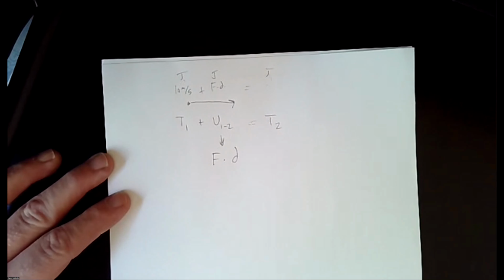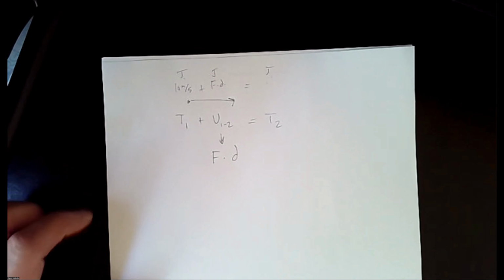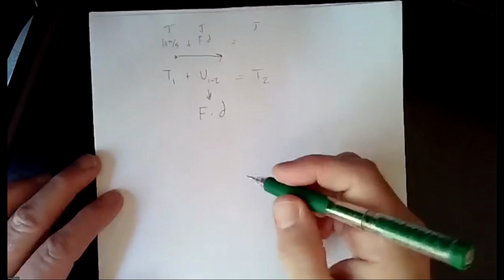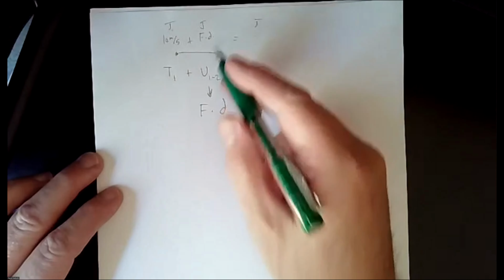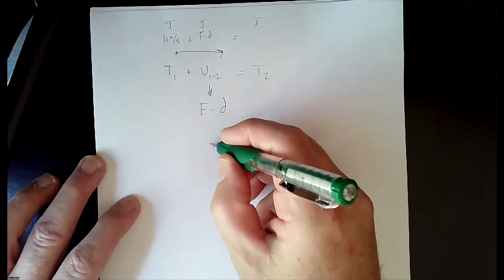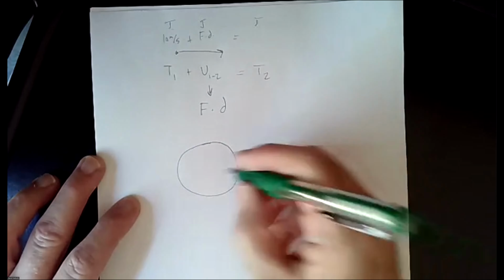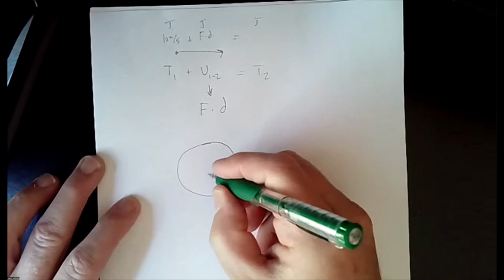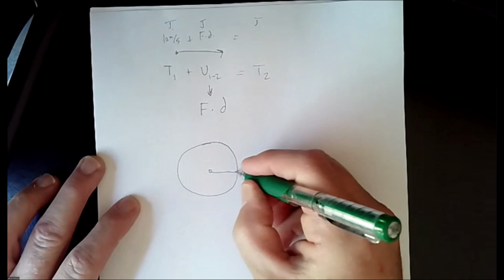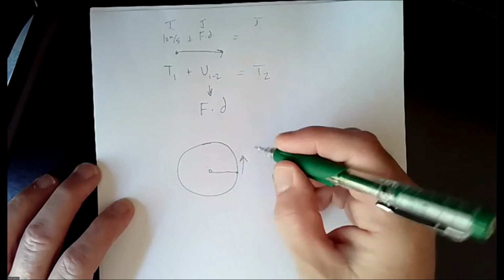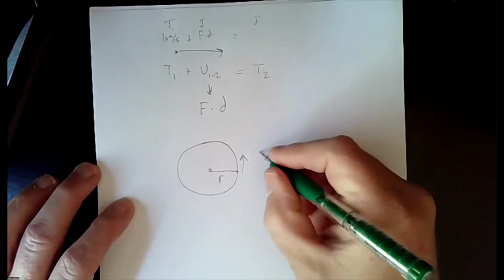So the difference with rigid bodies, which that slide was talking about, was that if you have a force times distance, what if you have a rotation? Let's say you have something that can rotate. Here's our starting point, and we apply a force, and that's our distance r, so that becomes a moment.